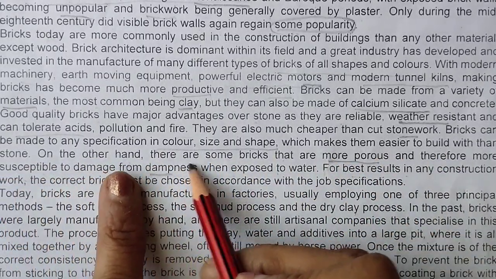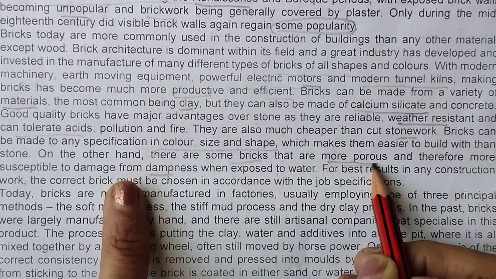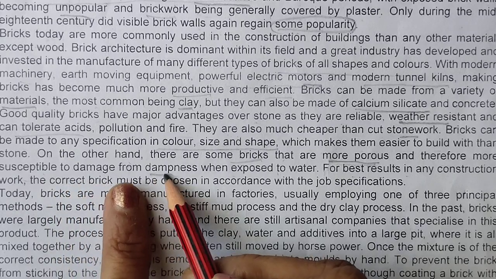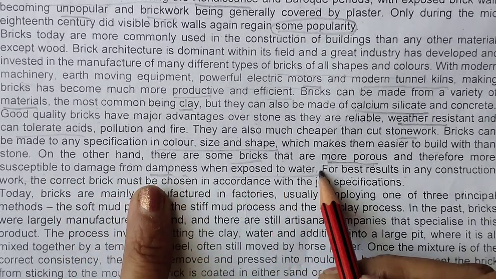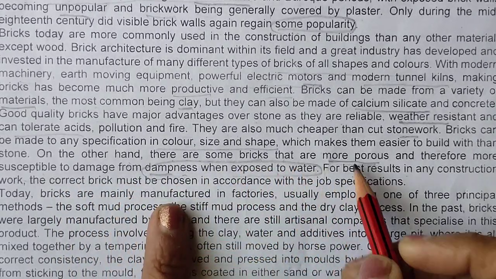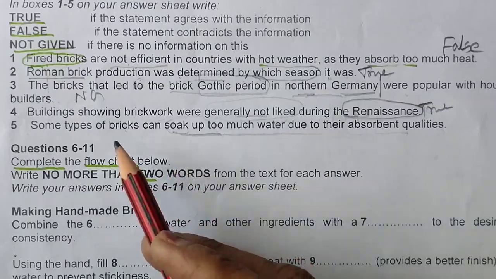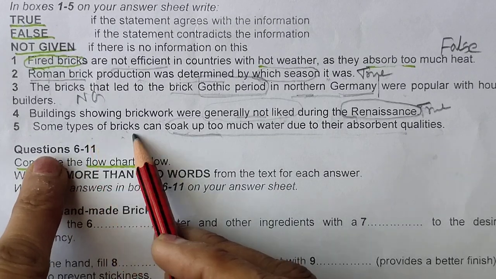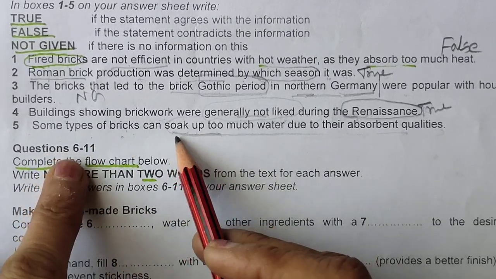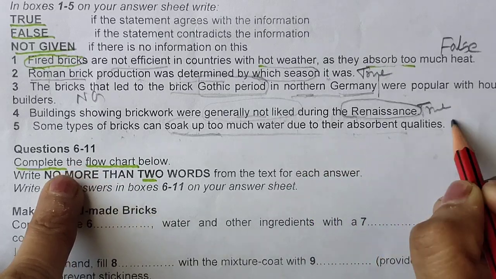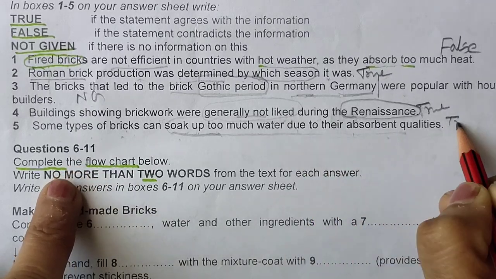On the other hand, some bricks are more porous and therefore more susceptible to damage from dampness when exposed to water. So they are talking about water, and more porous bricks can absorb more water. Some types of bricks can soak up too much water due to absorbent qualities. So that is yes, true.